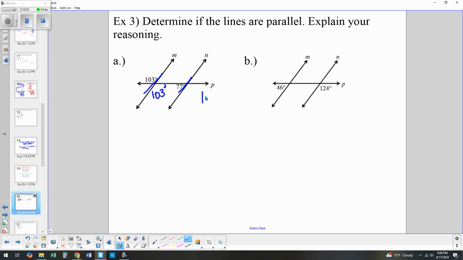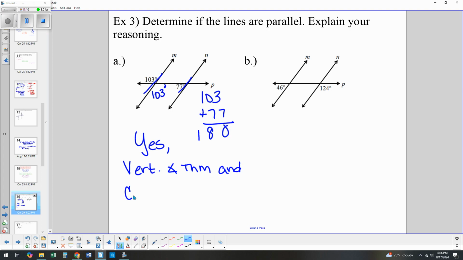And I'm going to check 103 plus 77, I get 180. So it is true that these angles are in fact supplementary. So we can say yes, and it's because of both the vertical angle theorem and the consecutive interior angle converse.